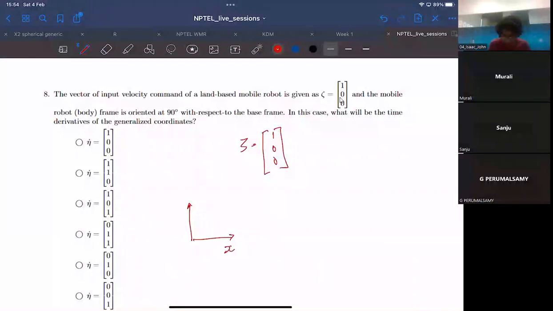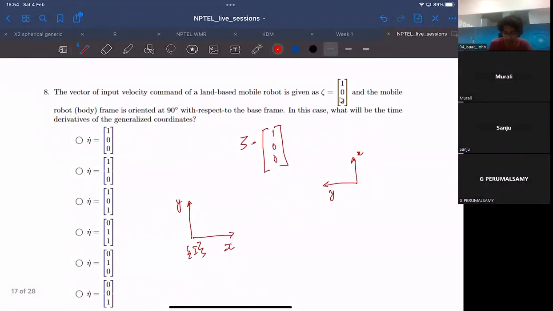All right, so if this is the inertial frame of reference or the ground fixed frame of reference, and we consider the sense of rotation as counterclockwise, a 90-degree orientation would mean the x-axis would be vertically up, and the y-axis would be along the negative x-axis of the local frame. Then what would be this Jacobian matrix?